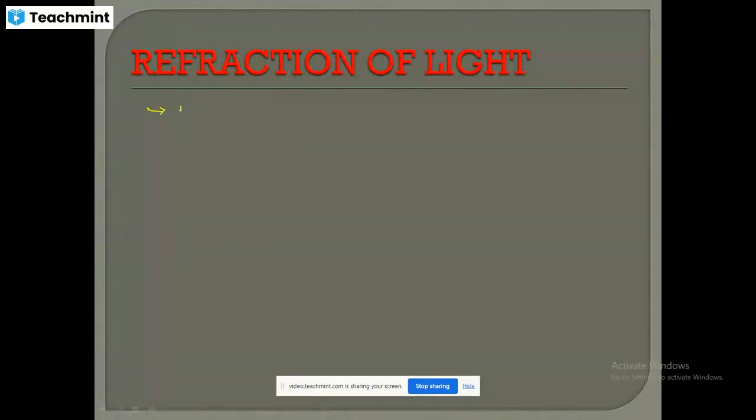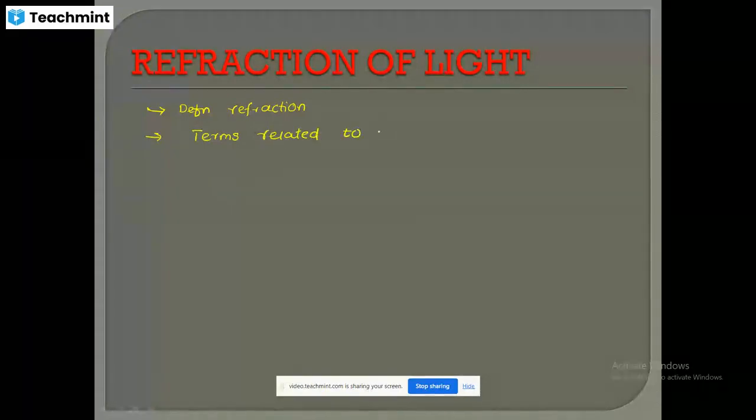The first topic is the definition of refraction, and the terms related to refraction of light.